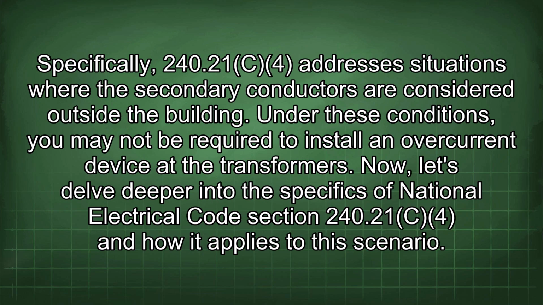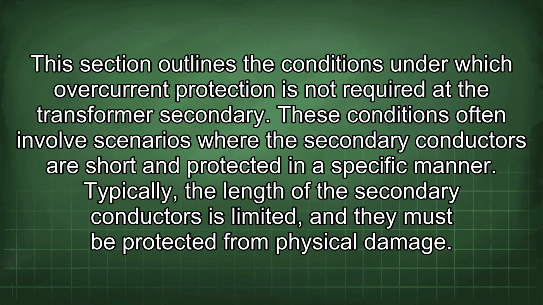Now let's delve deeper into the specifics of National Electrical Code Section 240.21(C)(4) and how it applies to this scenario. This section outlines the conditions under which overcurrent protection is not required at the transformer secondary. These conditions often involve scenarios where the secondary conductors are short and protected in a specific manner.